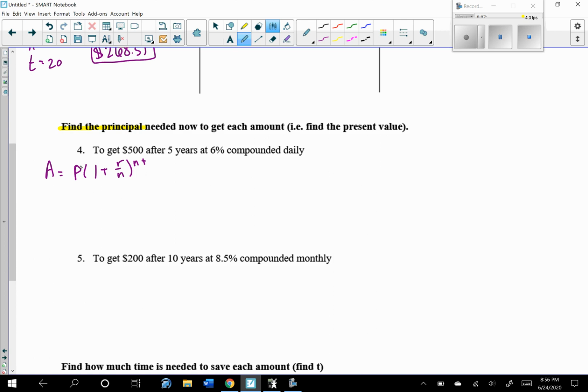So we want $500 as our final amount, so 500. And it told us that we're solving for P. We don't know, we're finding the principal. R is equal to 6%, so 0.06. And then we have N is equal to 365 because it's compounded daily and there's 365 days in a year.